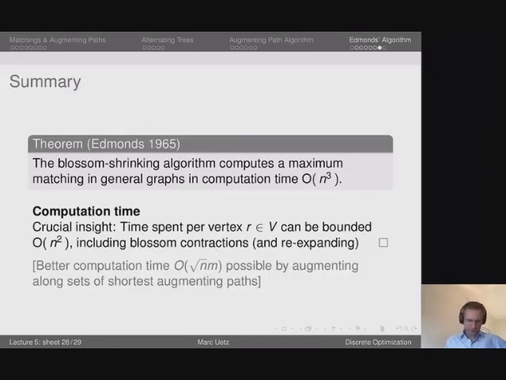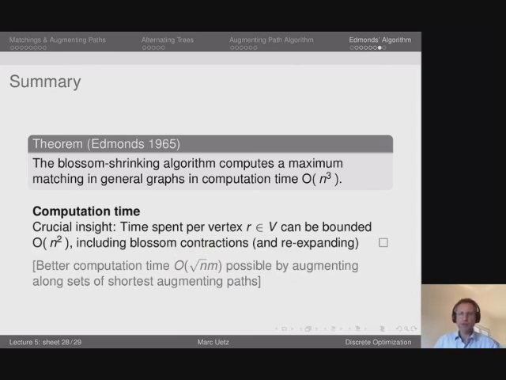And of course, better computation times are possible if you do better bookkeeping, and if you do, for example, augmenting paths along sets of shortest augmenting paths simultaneously. So you can even get the computation time down to order square root of n times m.